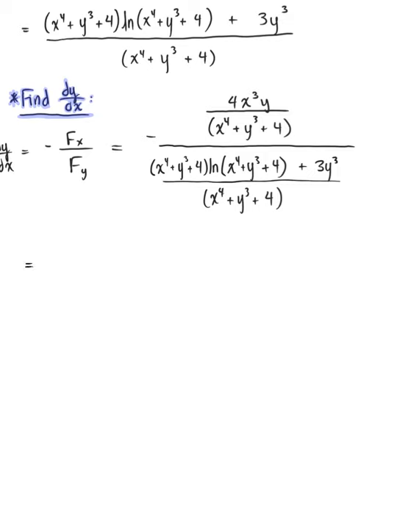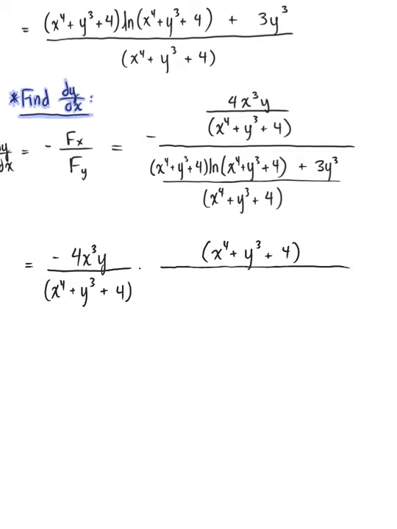So we can rewrite this as minus 4x cubed y, all divided by x to the fourth plus y cubed plus 4, and now multiplying by the reciprocal of the denominator, this is x to the fourth plus y cubed plus 4, all divided by x to the fourth plus y cubed plus 4 multiplied by the natural logarithm of x to the fourth plus y cubed plus 4, plus 3y cubed.